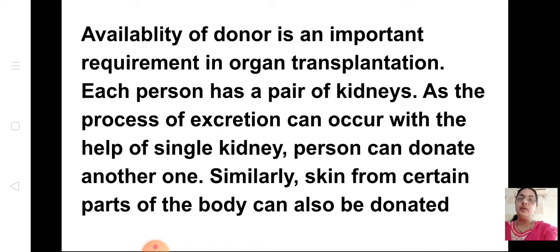So we can willingly give another kidney to the person who is in need. Similarly, skin from certain parts of the body can also be donated. Sometimes a person who got terrible burns, whose outer skin is fully burned, you cannot take skin from their own body, isn't it?